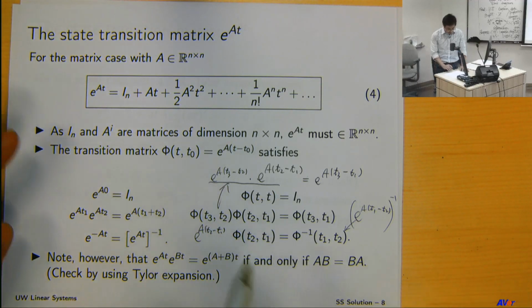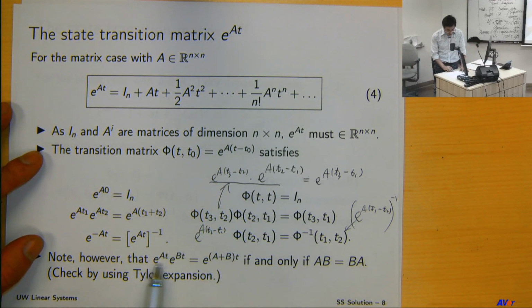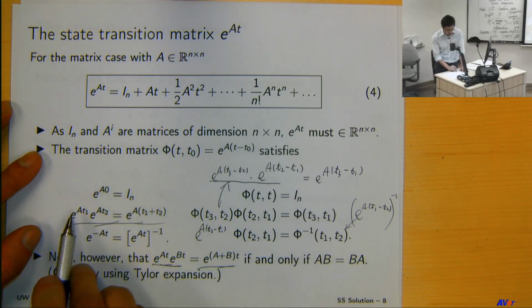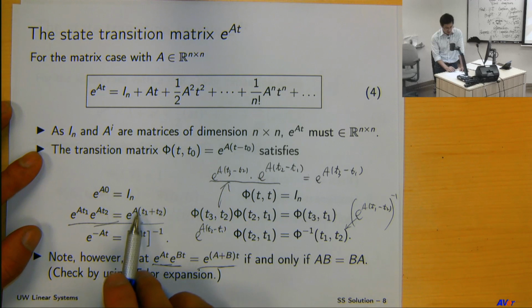There's one thing I want to remind you guys. When matrices become involved, sometimes it's very important to be careful about the computations. This one works out perfectly fine here: e^(A t1) e^(A t2) equals e^(A(t1 + t2)).